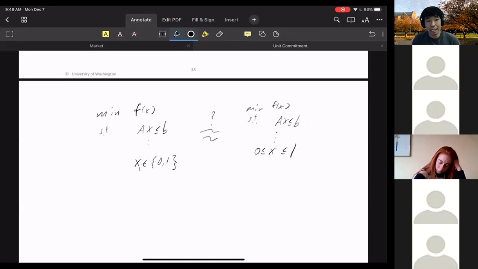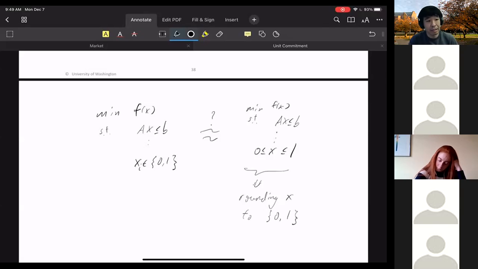So let's relax them into a continuous range between 0 and 1. Maybe this is a much easier problem, and solving it gives us some hint of what the actual solution is. For example, once you solve it, maybe you can round to 0 or 1.